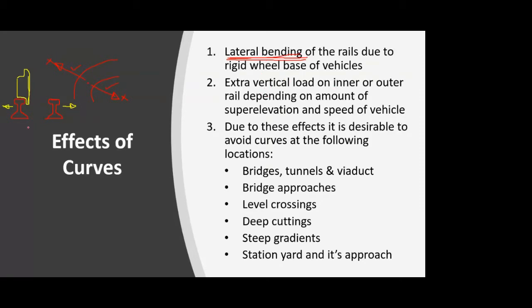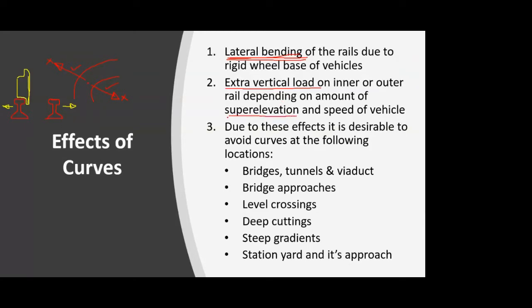Then again, if you apply the mechanics here and resolve the forces coming from the wheel to the rail track on a curve section, you will know that there is an extra vertical load due to the curve. You have an angle of the resultant force, and if you resolve that, you will get some extra vertical load on your rails, and that is due to the superelevation provided.